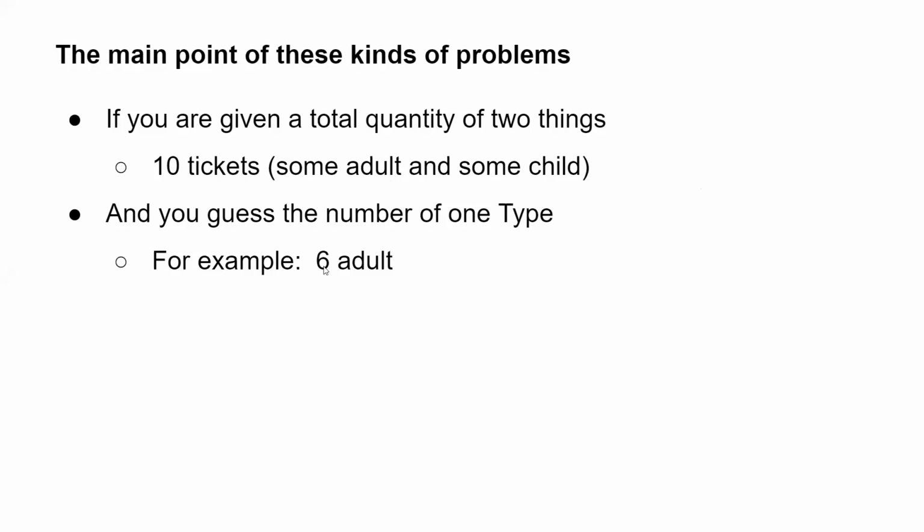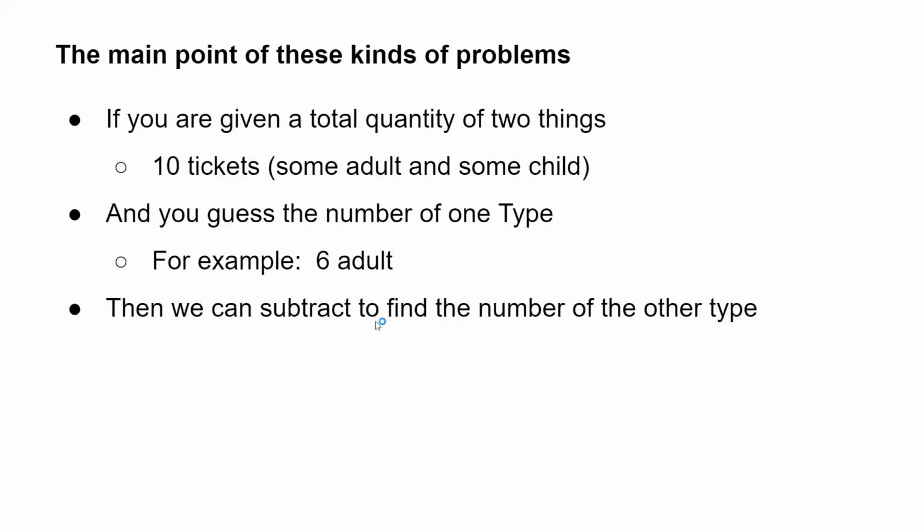For example, if 6 tickets are adult, then we can subtract and find the number of child tickets. If there's a total of 10 and 6 are adult, we can figure out the other number using subtraction. 10 minus 6, there must be 4 child tickets if there were 6 adult tickets. That's the main principle that's involved here.